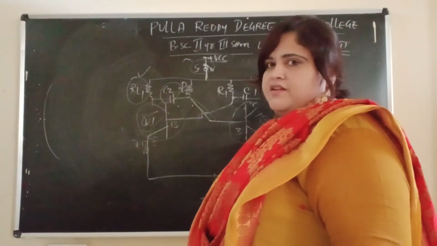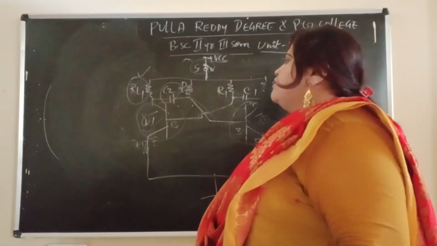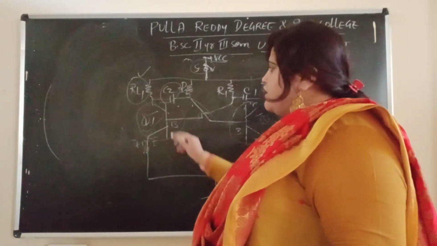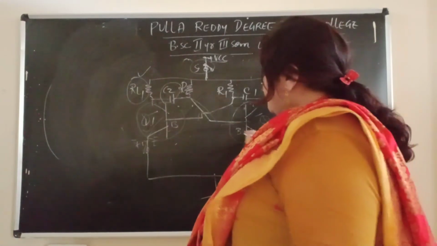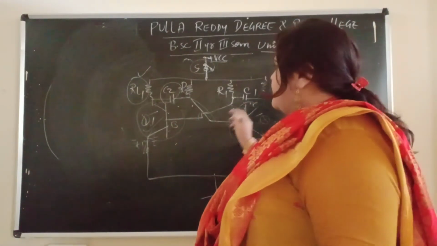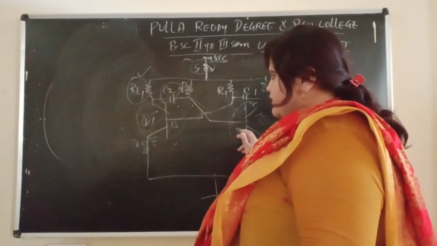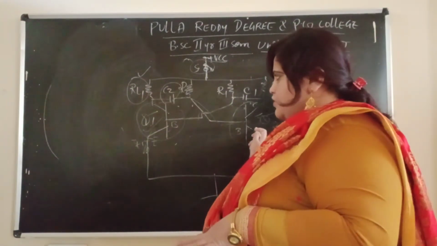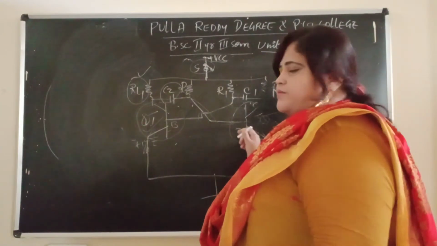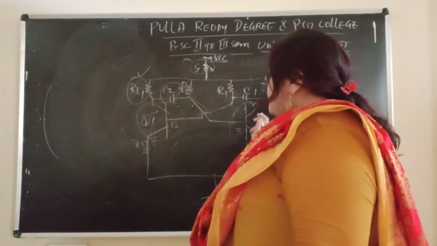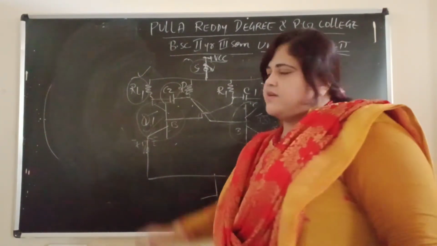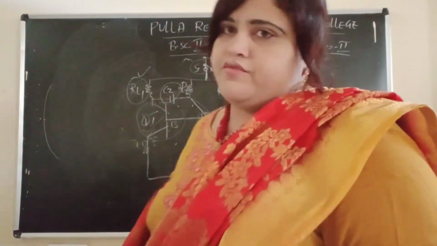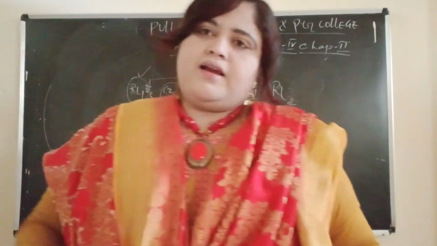When it is discharging, current will be less and voltage will be high in Q1. This high voltage will apply to Q2. As the input of Q2 is high, Q2 will come out of cutoff and become saturated. When it becomes saturated, current will be more and voltage will be less. Less voltage is applied to Q1, so Q1 will become cut off. This procedure will continue.